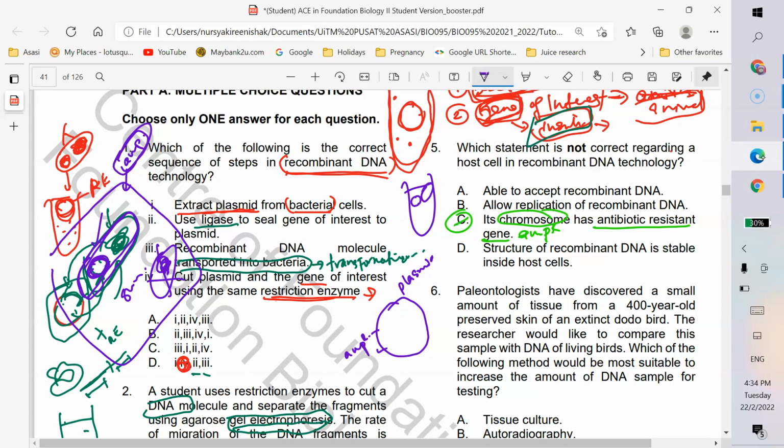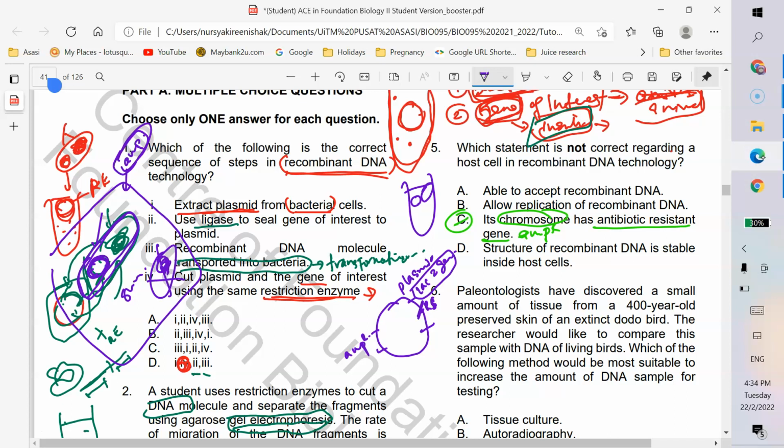Lagi satu, kita ada satu lagi gene yang kita nama sebagai reporter gene kan, like LacZ gene, betul tak? Okay. So dalam LacZ gene ni ada restriction site. Restriction enzyme akan cut dekat restriction site yang ada dalam region LacZ gene.